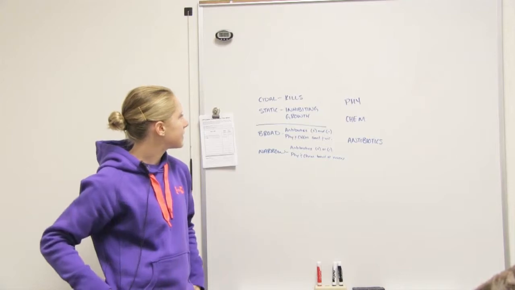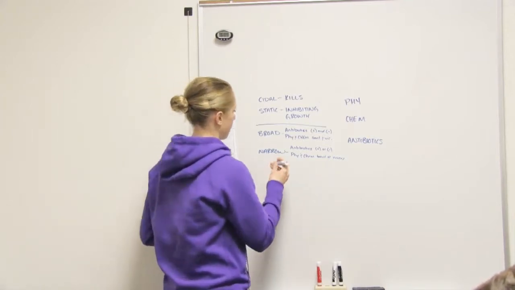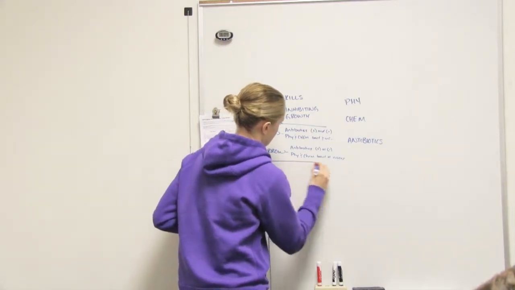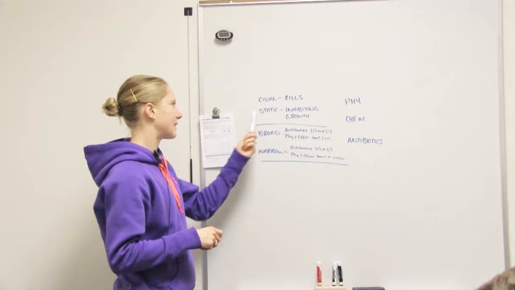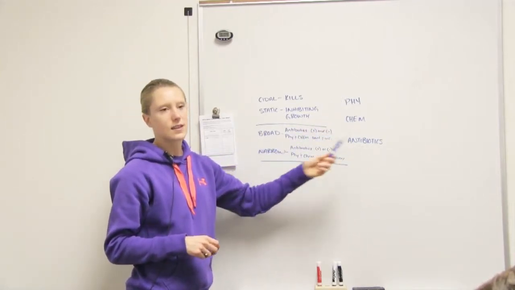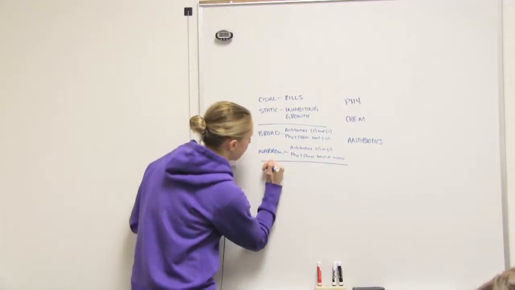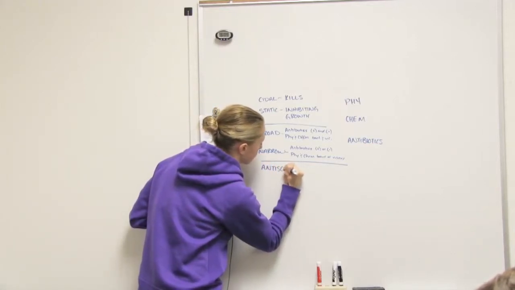Okay, and there are two more sections we need to know. Another thing is these sections don't apply to every single one of these categories. So this next one is antiseptic or disinfectant. What's the difference?